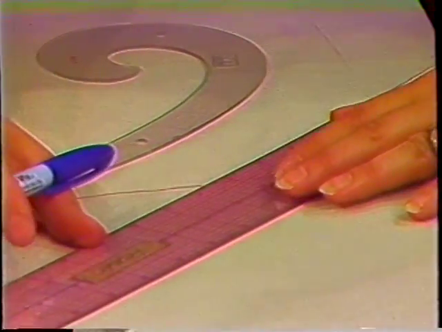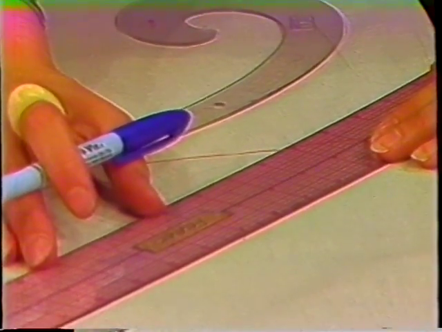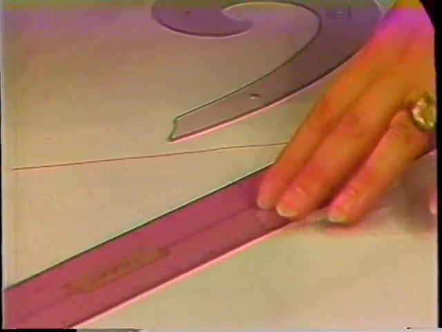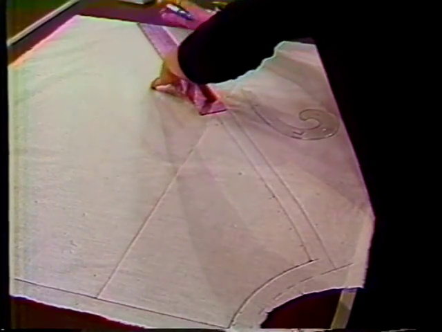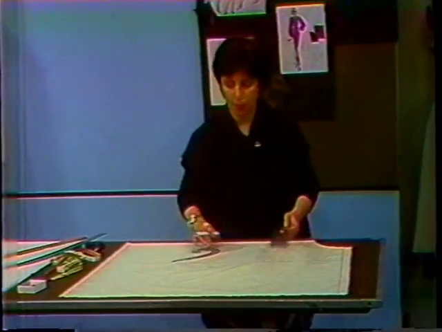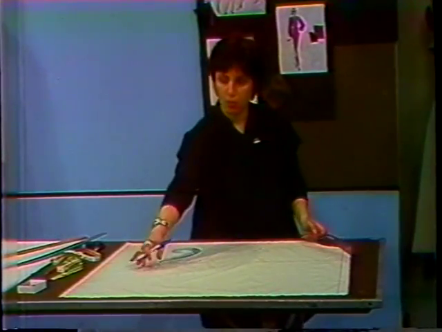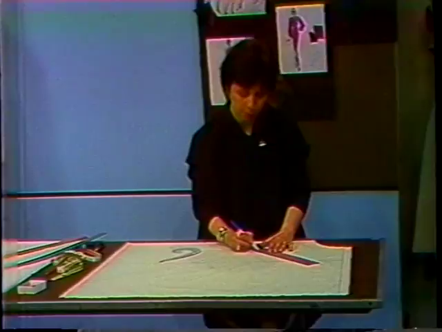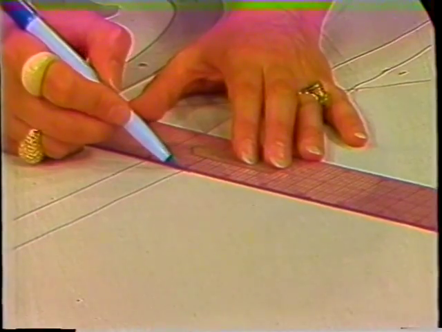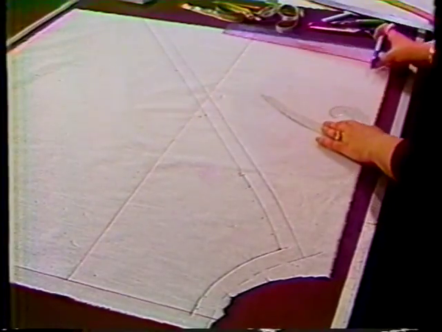Now the cross grain serves as a cross mark when we true the back of the skirt. But because this is a bias seam, you may need other cross marks along the way. So I'll place one at the hip level and one between the cross grain and the hemline area.